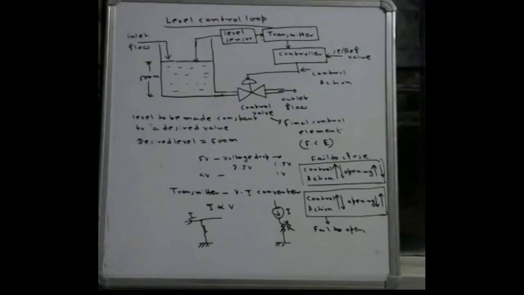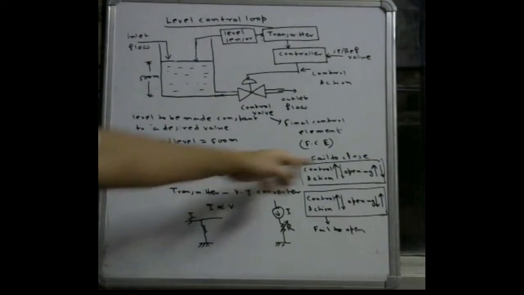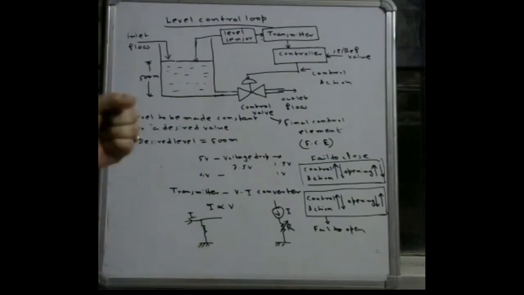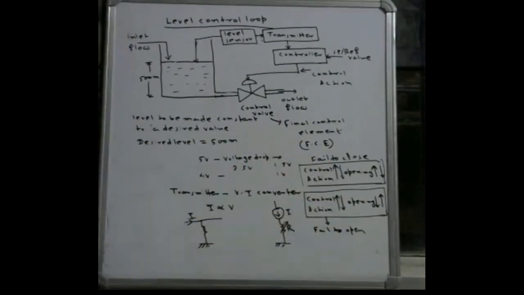That means when the control signal is failing or decreasing, then it will be closed. And in this case, when the control action is failing or decreasing, then it will be open.